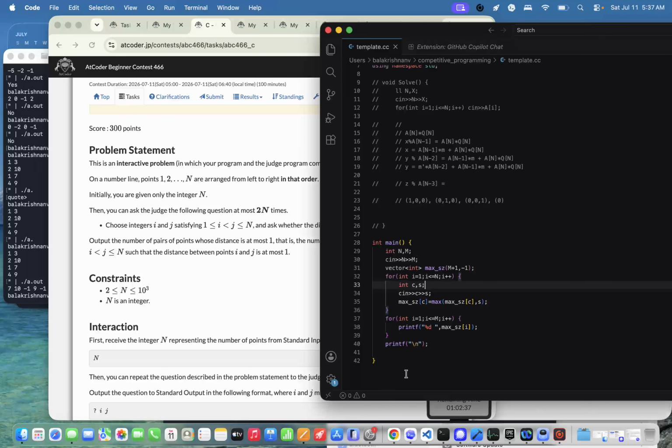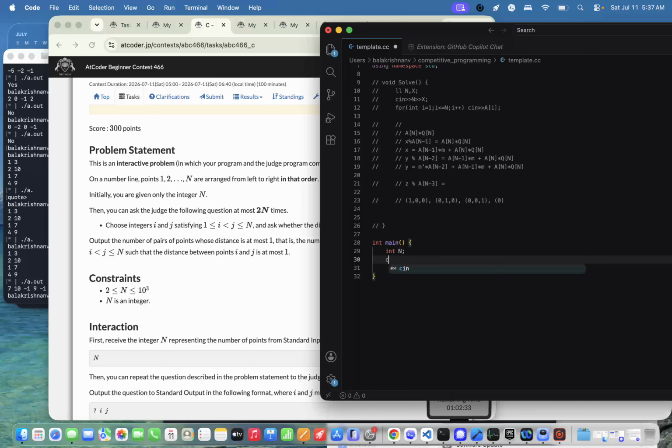At most 2n times. It's easy. So j equal to minus 1 or 0.